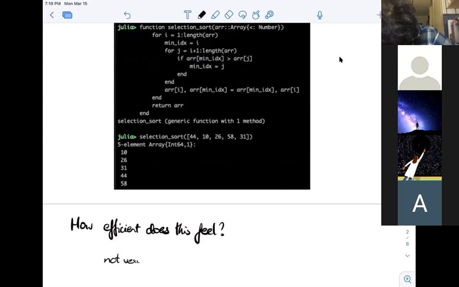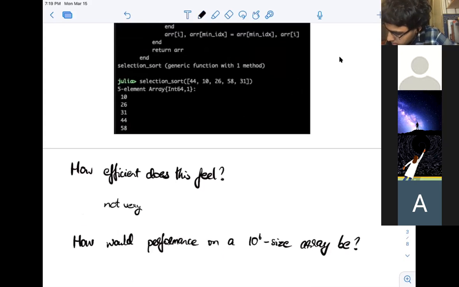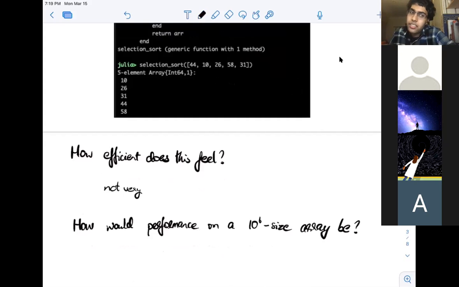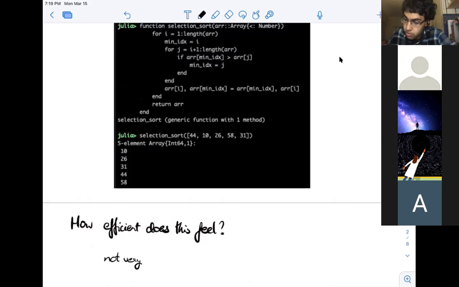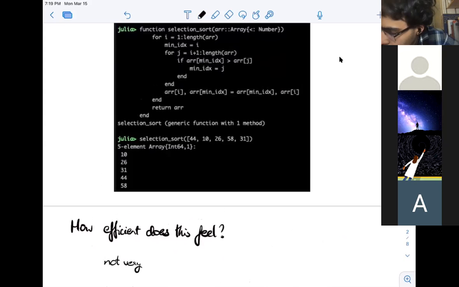Not very. Yeah. So over here, if I had to do this over 1 million things, we should look back at what the actual code is doing here. I'm going over i from 1 to the end.